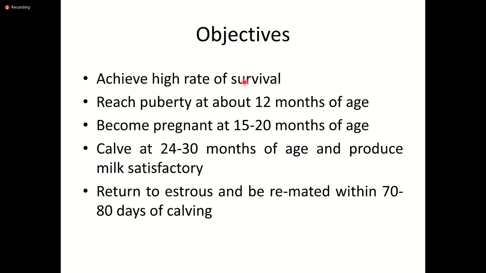Then become pregnant within the next 3 to 4 months, right? Within maybe 4 to 6 months after puberty, they should be pregnant and giving birth to young ones at the age of 24 to 30 months, which means 2 to 2.5 years, they should be able to give birth to the first calf of their life, right?